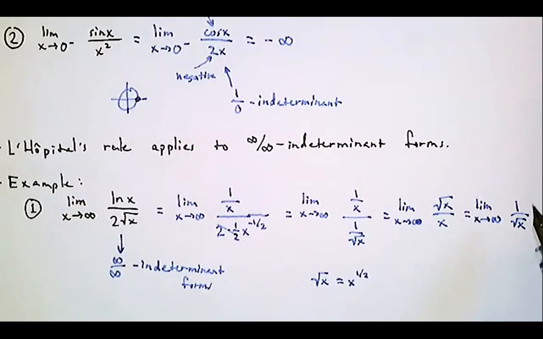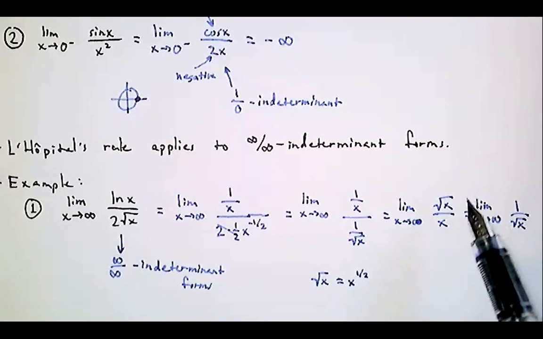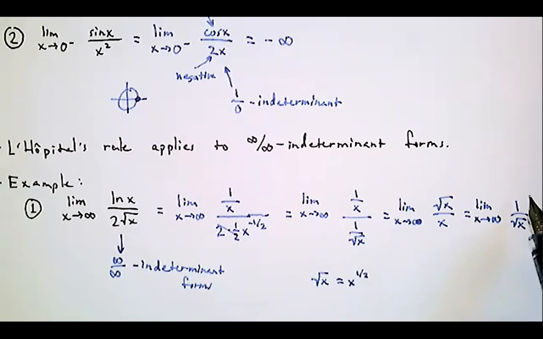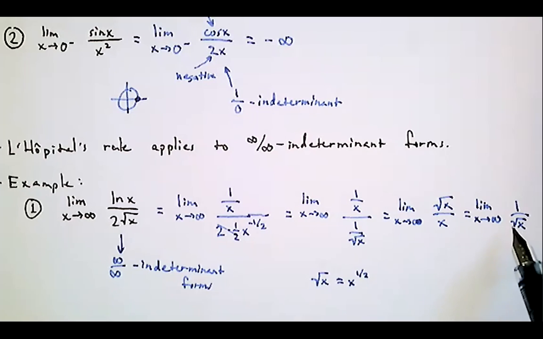What happens to this function as x goes to infinity? What's this limit? 1 over infinity. Right. So we're thinking about plugging in numbers that get larger and larger down here in the denominator.